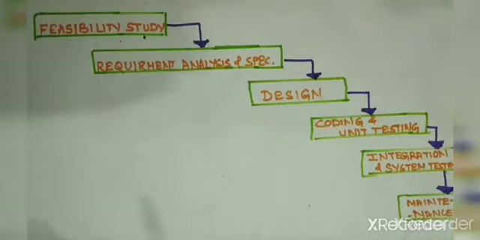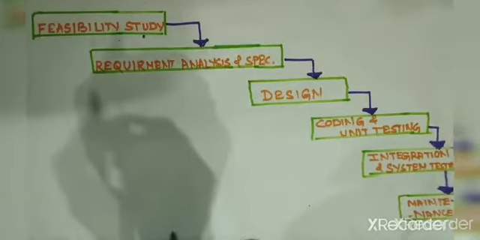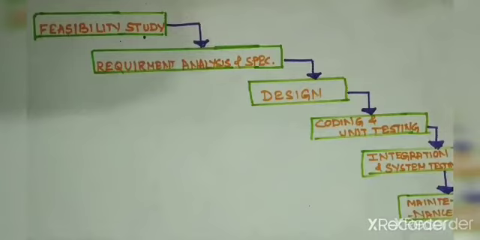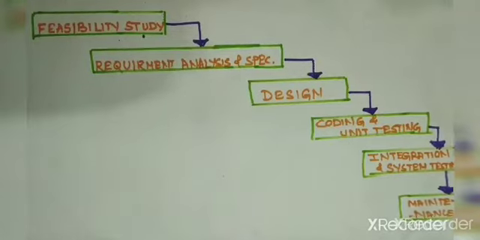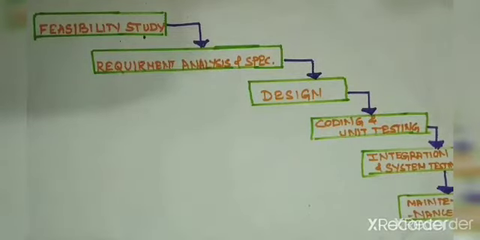In the first phase, the feasibility stage, the developer checks whether the project is feasible or not, meaning financially and technically feasible. Financial feasibility means checking whether the project can be completed within the budget or not.